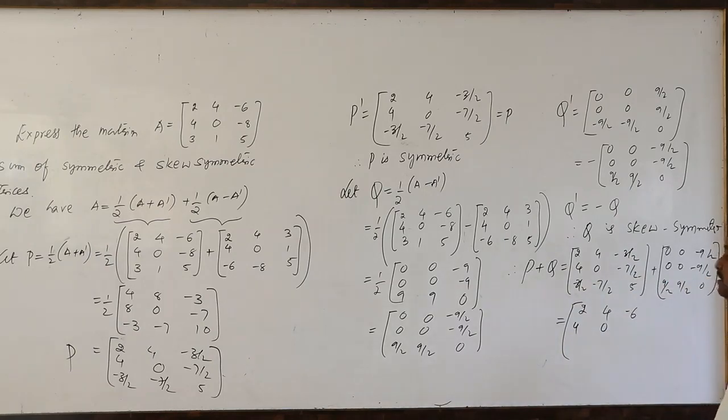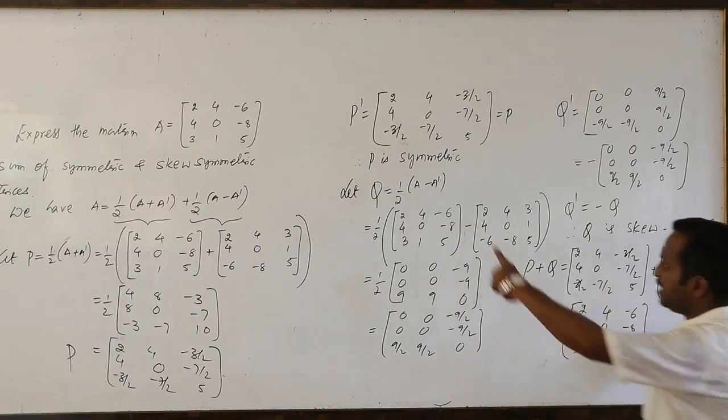Minus 7 minus 9 becomes minus 16, 16 by 2, minus 8. Minus 3 plus 9 becomes 6, 6 by 2 is 3. Minus 7 plus 9 means 2, 2 by 2 is 1. 5 plus 0 is 5.